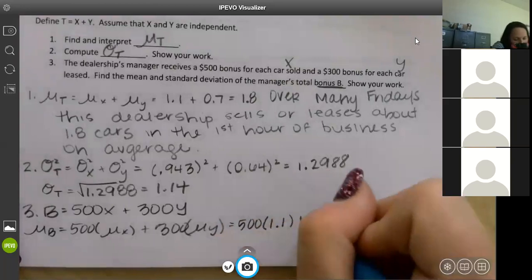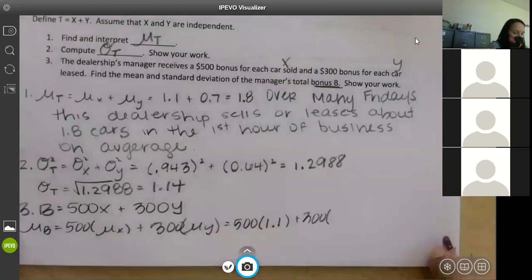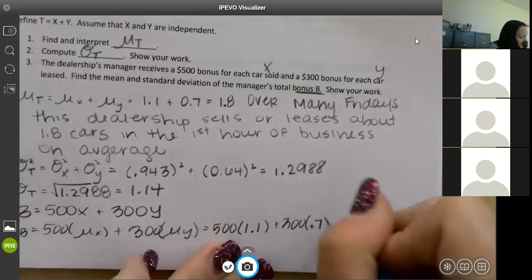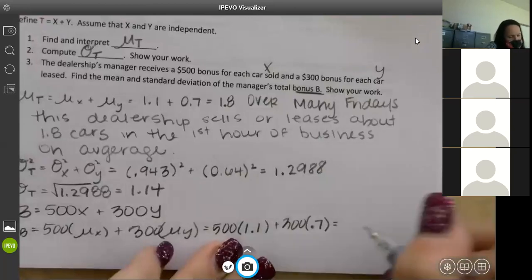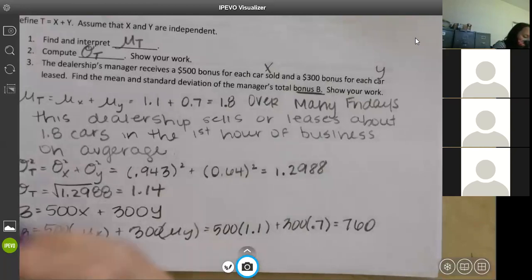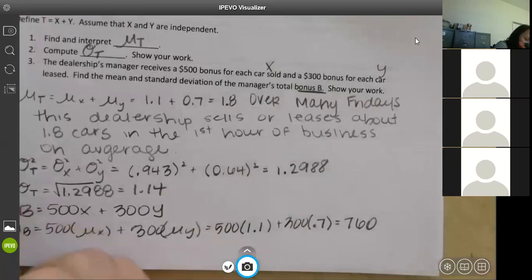Plus 300, what's your mean of Y? 0.7. And that gives you a total of 760. So over many Fridays, this dealership earns a bonus on each sale or lease of about $760 on average in the first hour of business. Okay.